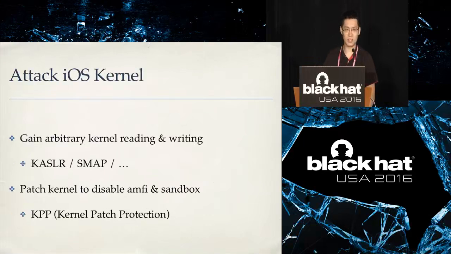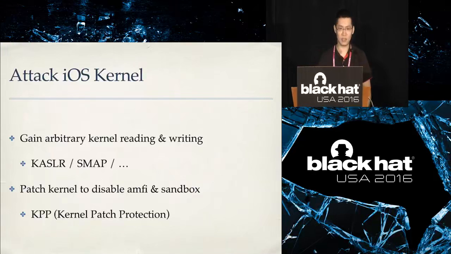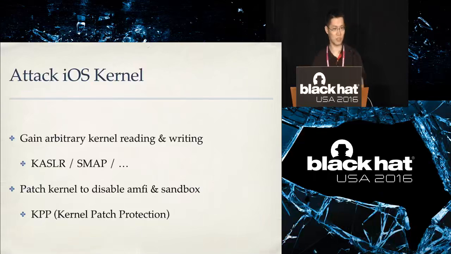So to make a jailbreak, you have to attack the iOS kernel, because a lot of enforcements are actually implemented in the kernel part. So you need to patch them out, like the MFI and the sandbox part. So usually the goal of the exploit and kernel vulnerability is to gain arbitrary kernel reading and writing.